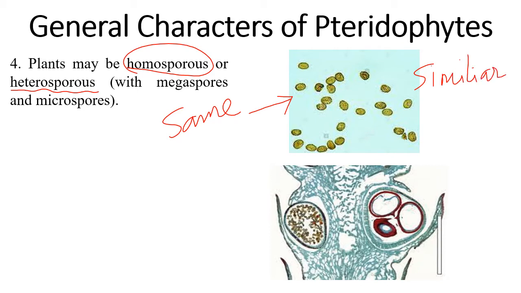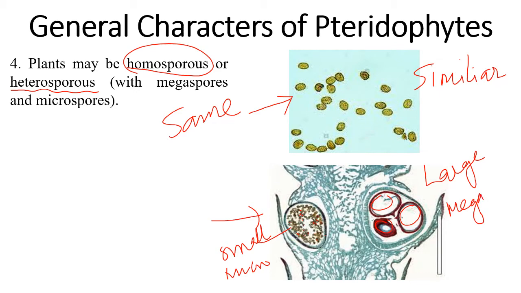And if you look at the heterosporous, here these spores are of different sizes, and here many small spores can be seen. These are of different sizes. So these small spores are called microspores, and these large ones are called megaspores.